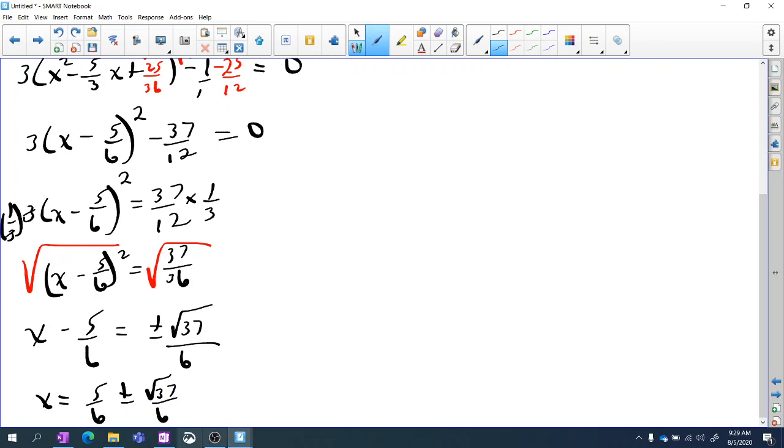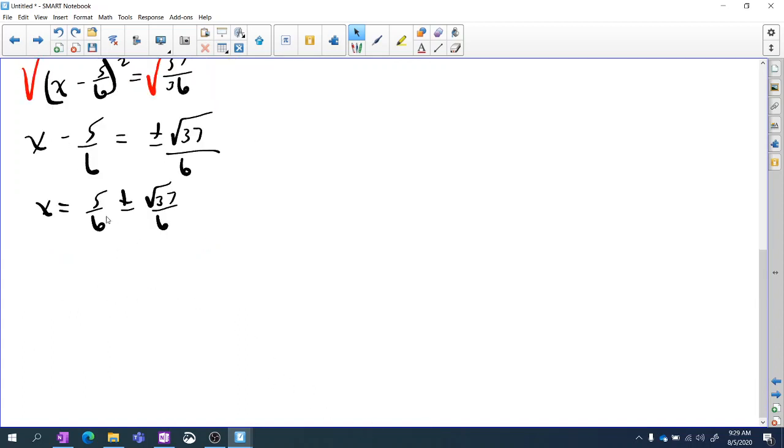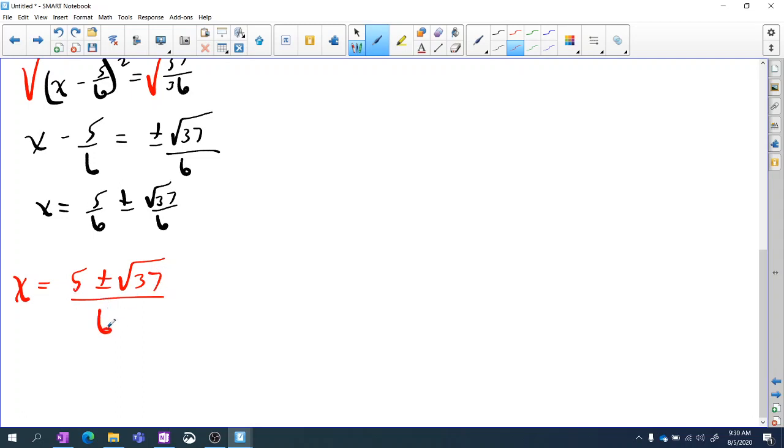Now, because these are already common denominators, you may want to write it as a single fraction, so x could be written like this. X equals 5 plus or minus the square root of 37 all over 6.